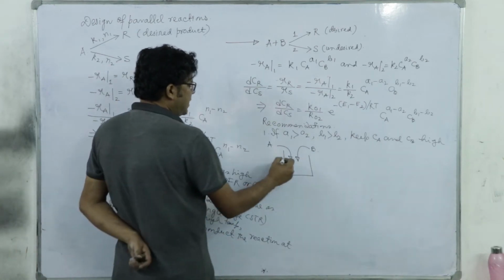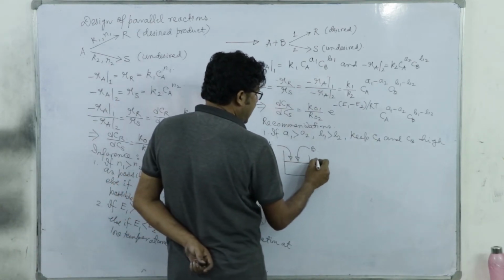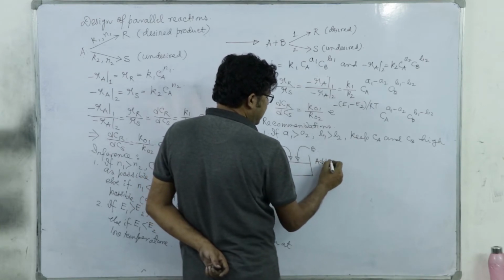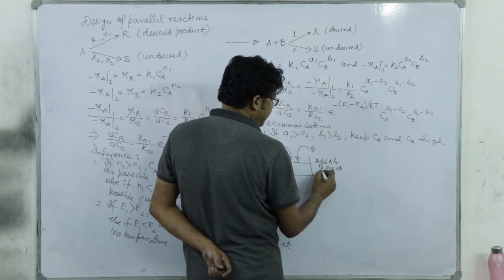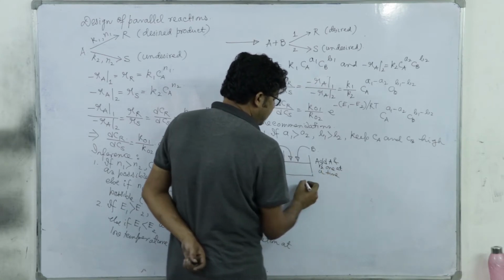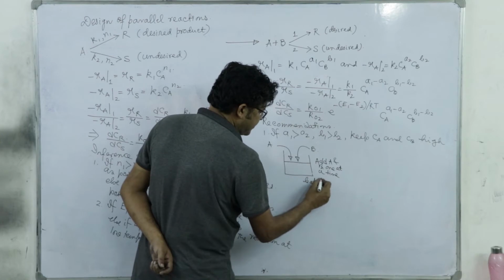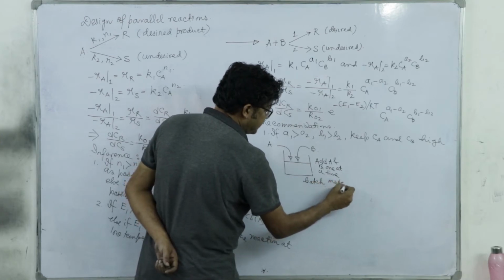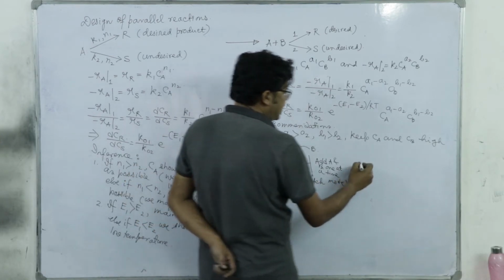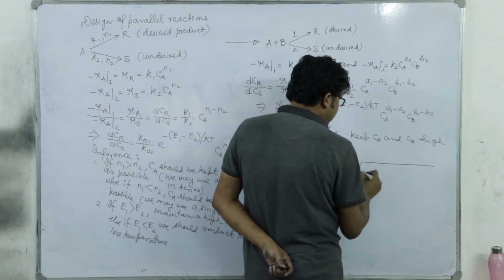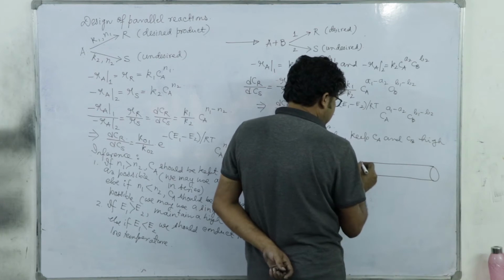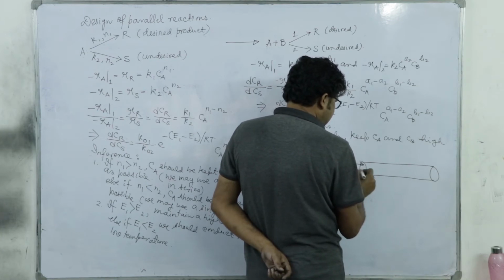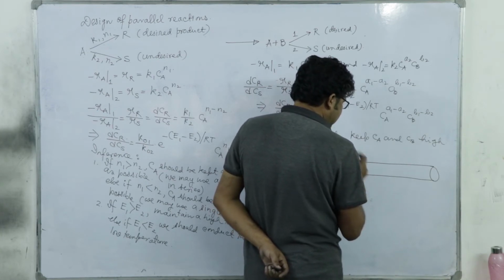So here we add A and B at one time. This is the batch mode. And in continuous mode we must use a PFR, and we should deliver A and B at high concentration at the inlet.